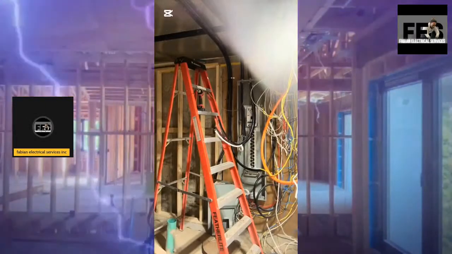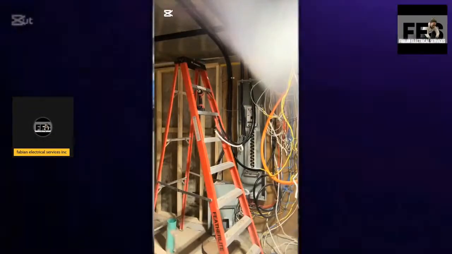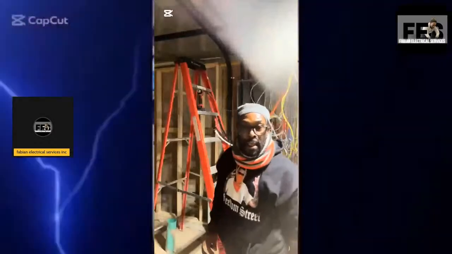So what this is, a 400 amp installation. Wires are sized to the actual 400 amp panel. Again, the rules come out of the code book with the actual load calculation that you're going to do for the home.